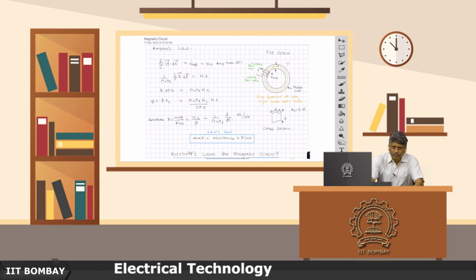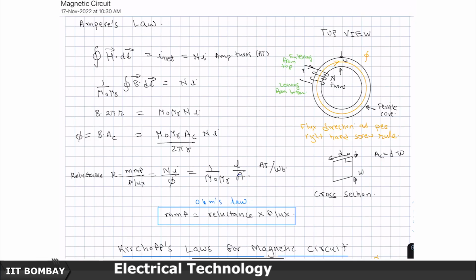You are already aware of Faraday's laws, flux, magnetic field intensity, flux density, Faraday's laws of magnetic induction, terms like flux linkage, rate of change of flux causes induced EMF, and Lenz's law, which is that the direction of the EMF induced, which is given by Faraday's law, is such as to oppose the rate of change. So, you are reasonably well aware of these concepts.